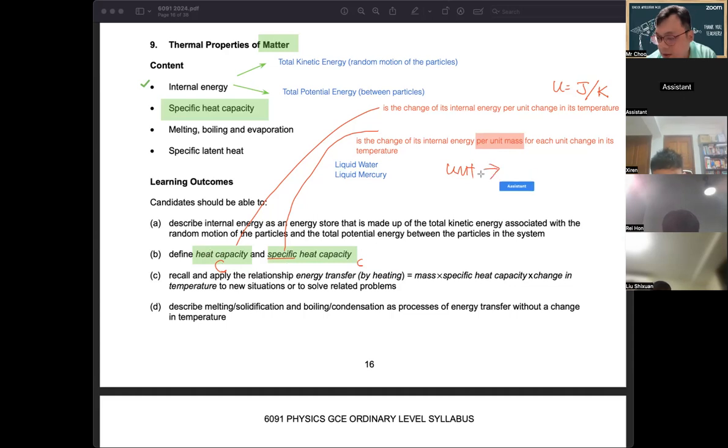The unit will be the energy, which is joule, divided by 1 kilogram of the material and 1 Kelvin of temperature. So this is the unit for specific heat capacity. Is that clear? Okay, so let me change color.